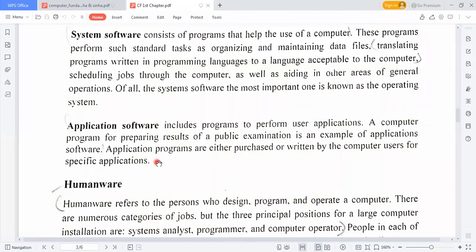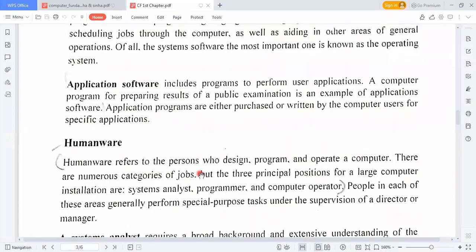So for the banking system, they use different application software for security. This is why in banking, bankers always use special computers for counting.